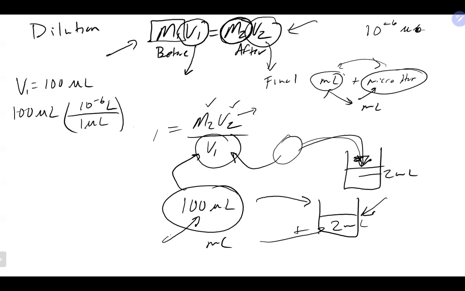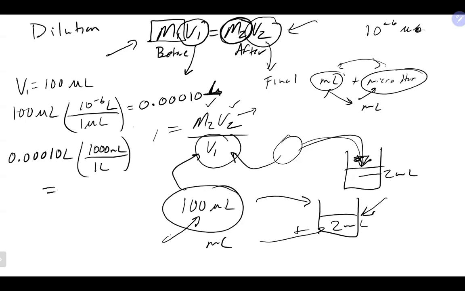So 100 times 10 to the minus 6 gives you 0.0001 liters. And we want milliliters, so we do the conversion to milliliters, which is 1 liter is 1,000 milliliters. We times that by 1,000, which gives us 0.1 milliliters.